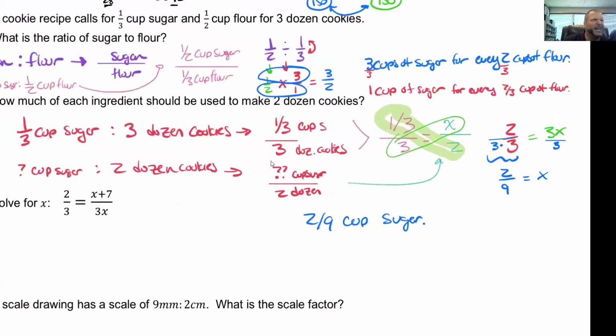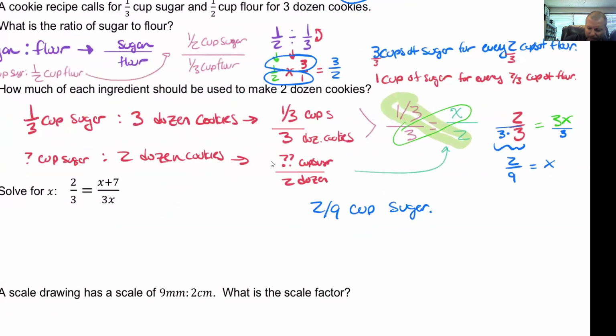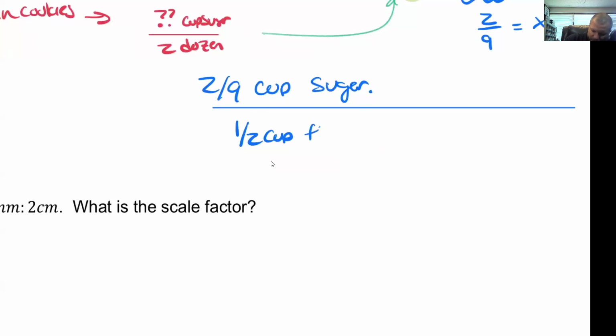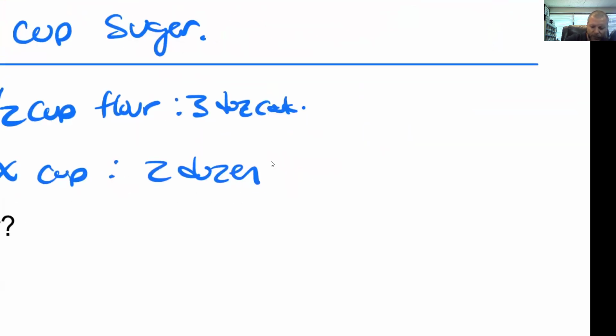So I'll do the second one a little bit faster, right? If we have half a cup of flour for 3 dozen cookies, and we have some unknown amount for 2 dozen, we can set up the same sort of relationship.